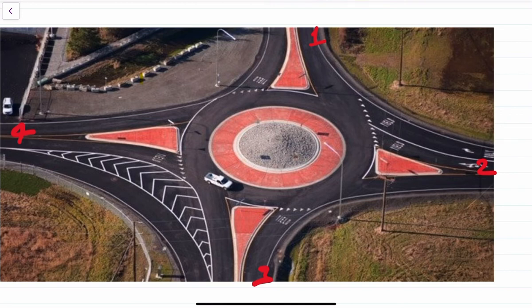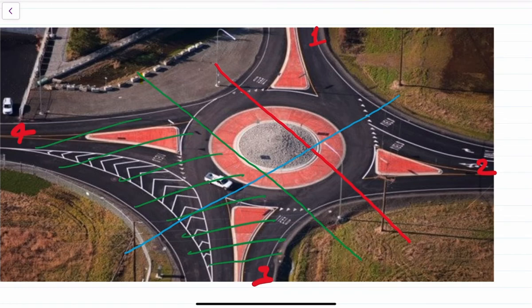So at a time, we can take traffic at 1 and 2, or between 2 and 3, or between 3 and 4, that is this section, or between 1 and 4. The thing is, we are going to move in the clockwise direction.